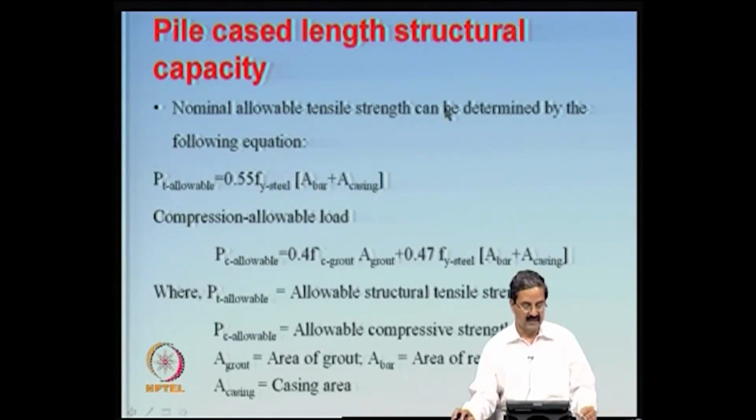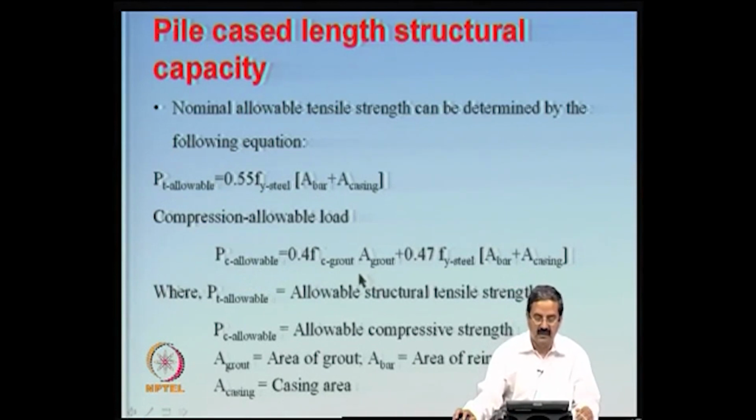That is in the case of tension, and in the case of compression we have 0.4 into f'c grout into the area of the grout, plus 0.47 fy steel into the area of the bar plus the area of the casing.